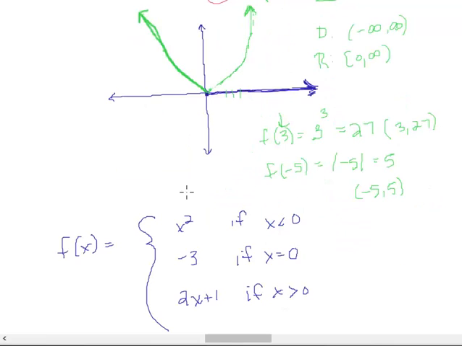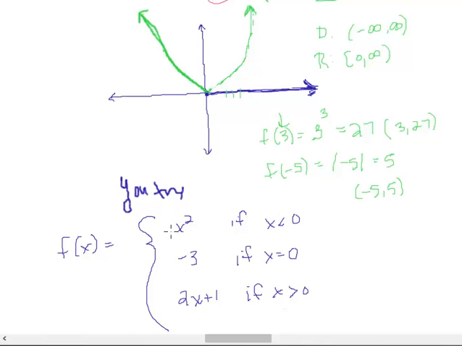Okay, so the next example on your study guide is f of x is equal to x squared, negative 3, and 2x plus 1 given these domains. So I am going to treat this one as a you-try. I'd like you to take a look at this and see if you can make sense of the process and what's going on here.